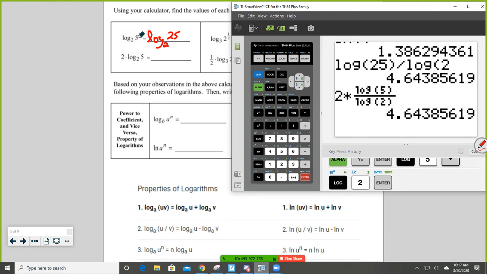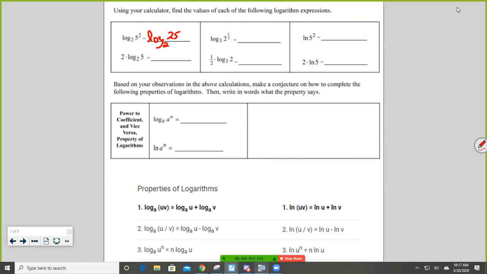When the 2's up there, with the power of log, what the power of log does, it can take anything that's up in the power and bring it to the front. So check out all these. The only difference between these two is the 1/2 is brought to the front. The only difference between these two is the 2 is brought to the front. So that's really the biggest power of logs and natural logs, is they can take whatever's up in the exponent and bring it to the front.